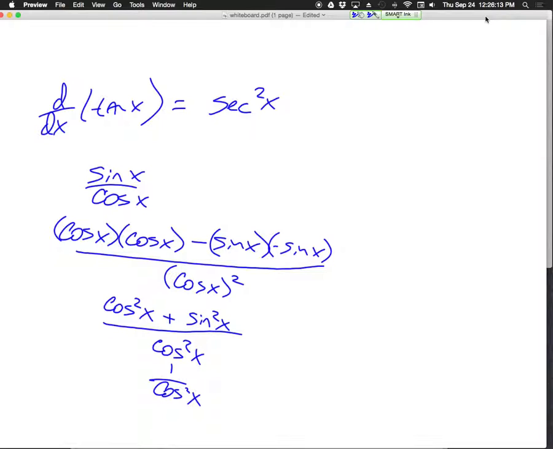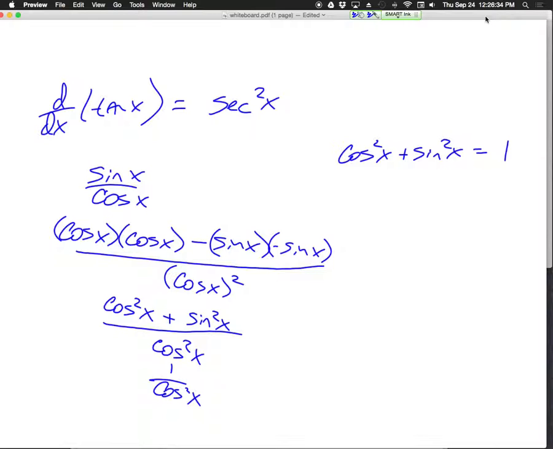So I can take that out and put 1 in its place, since they're equal to each other. And then 1 over cosine squared is the same thing as secant squared. So the derivative of tangent is secant squared.